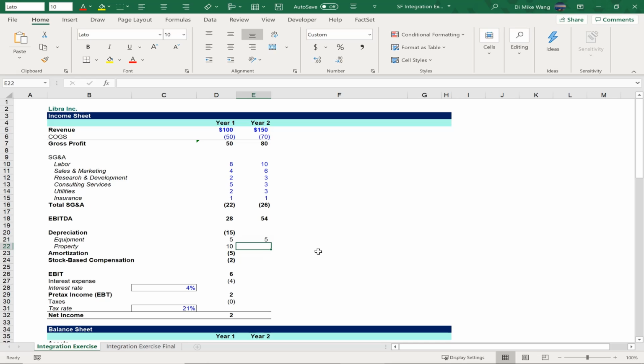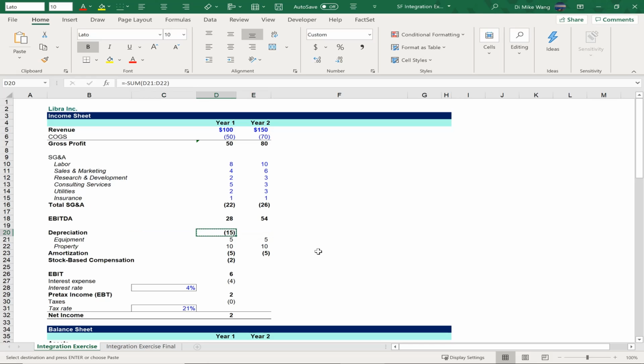Okay, so property is going to be pretty simple. It's going to be the same. Amortization is going to be the same. Our depreciation for now is going to be the same. So an easy way of copying it over, so we don't have to set up a new formula, is just to highlight.